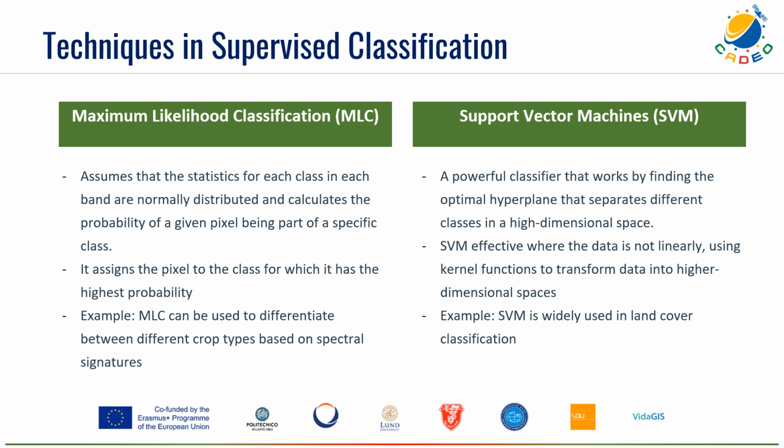This is particularly effective for datasets where classes are not linearly separable. For example, SVM can be used in land cover classification to handle high-dimensional data and provide robust results, even when the classes overlap in some feature space.